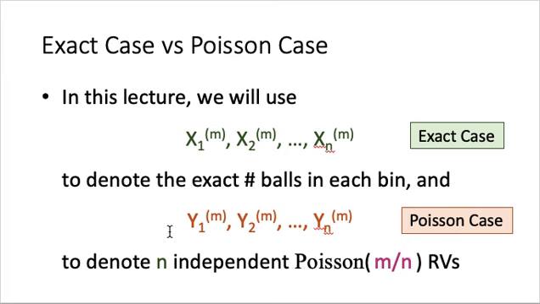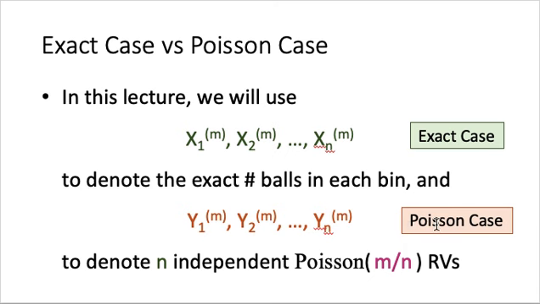On the other hand, when we represent each bin by using an independent Poisson random variable, we will call this the Poisson case. Here we define the random variables y1, y2, y3 up to yn, such that y1 represents the number of balls in the first bin, y2 the number of balls in the second bin, and so on and so forth in the Poisson case.